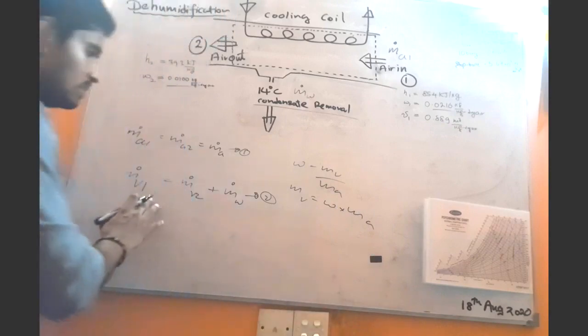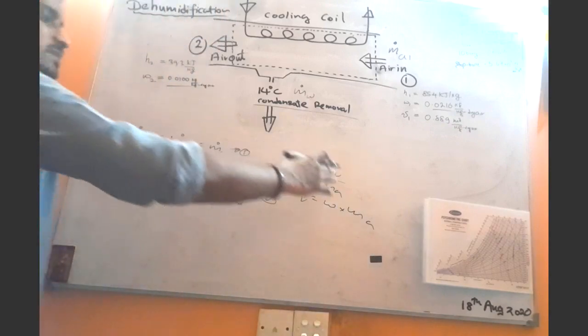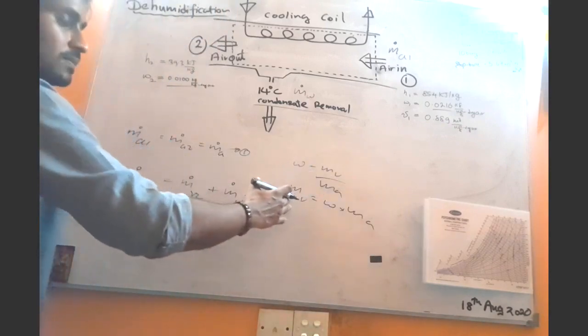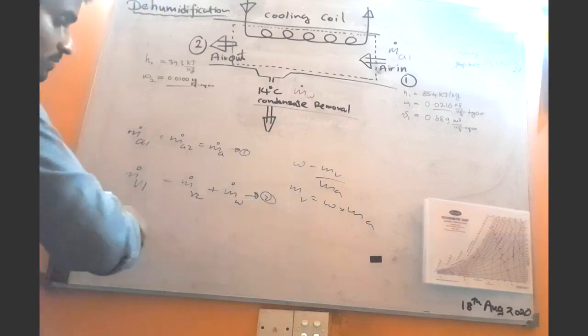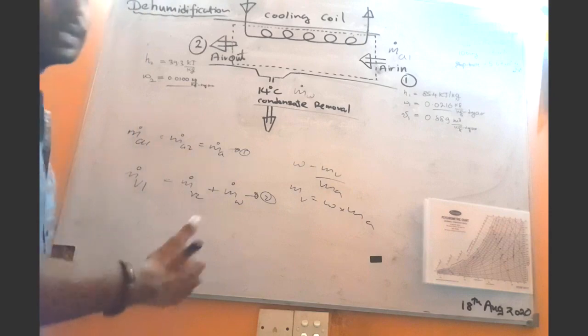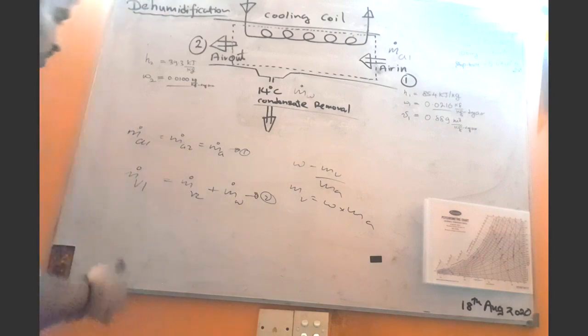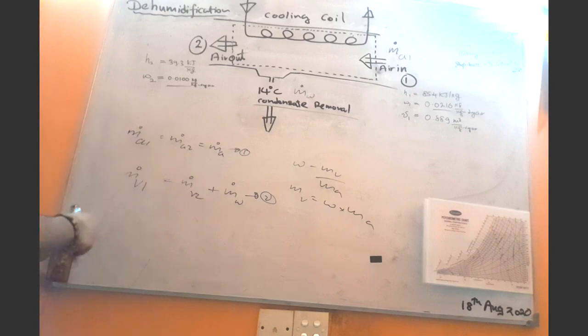But be very careful. Here it is the mass of dry air and the mass of the water vapor, but we're not going to consider the equation. Now here you have to consider it as a flow rate. So now mv1 dot, the mass flow rate of water vapor at the entrance.